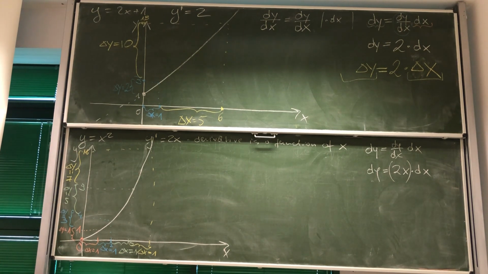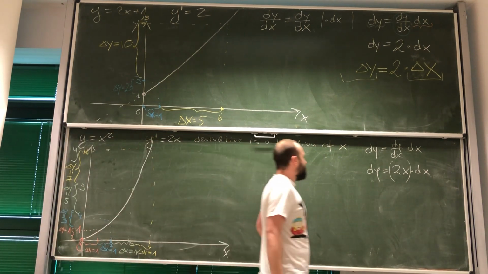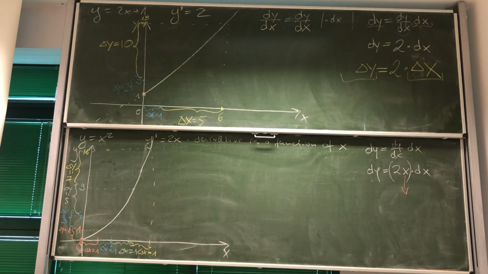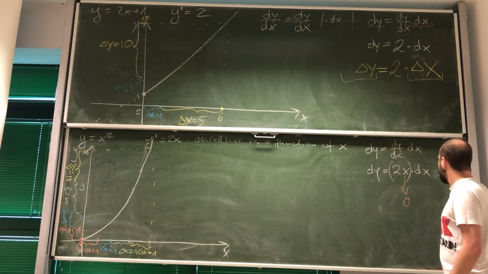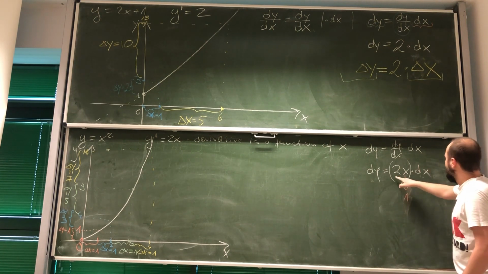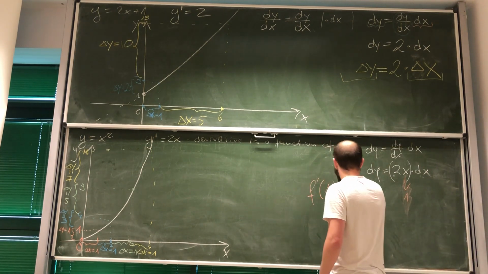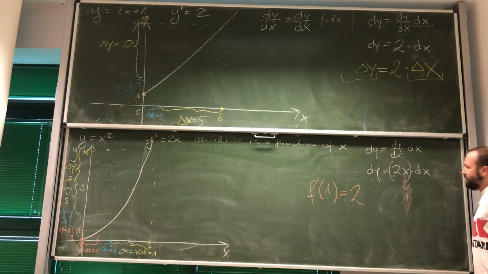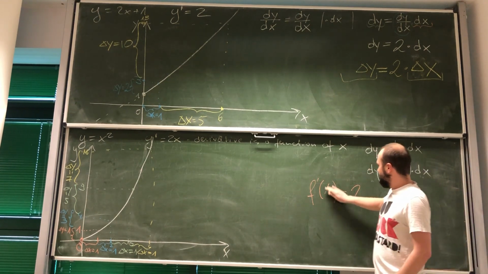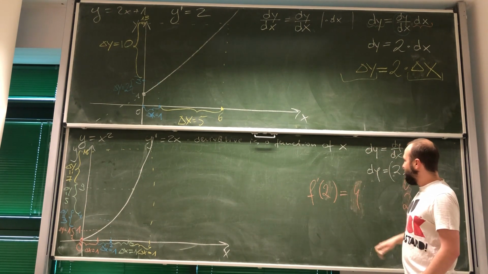Could we predict it somehow, knowing the different expression for differential? Of course. Look, if x is 1, then the value of the derivative, f prime of 1, is 2. But then if the value of x is 2, then f prime of 2 is 4.